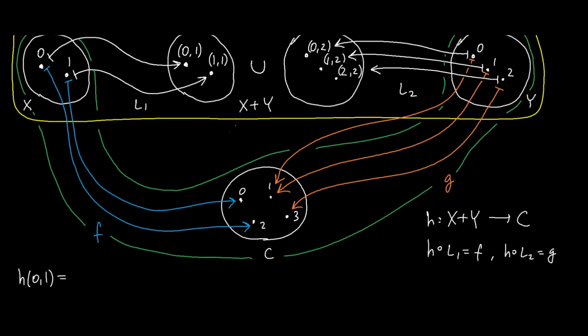So I'm trying to build a function this way. I want this function to satisfy this equality. So h composed with iota 1 needs to be f, and h composed with iota 2 also needs to be g.